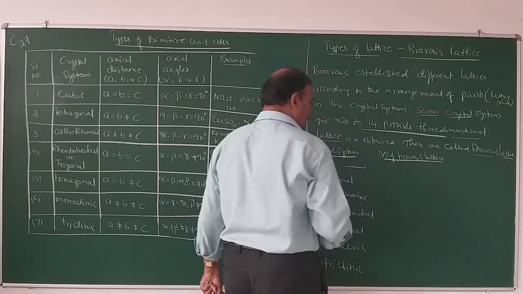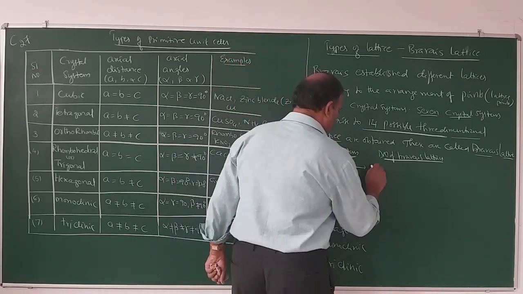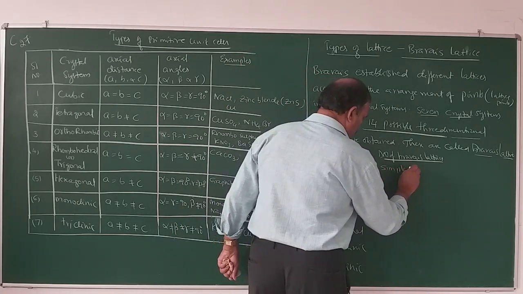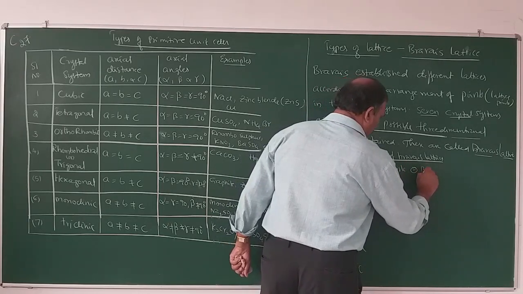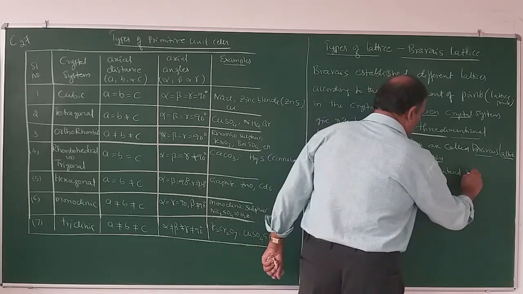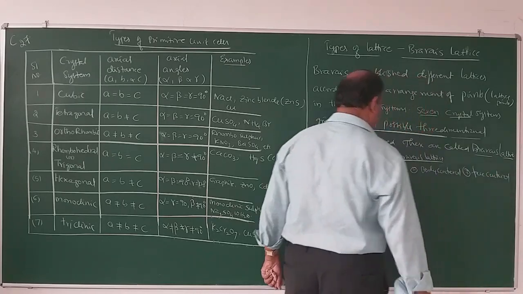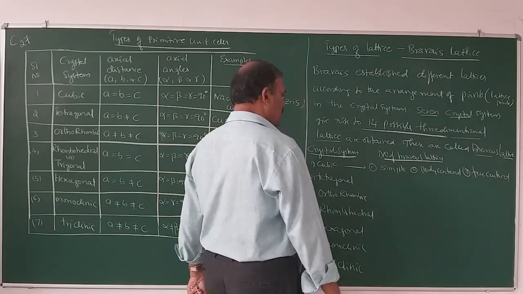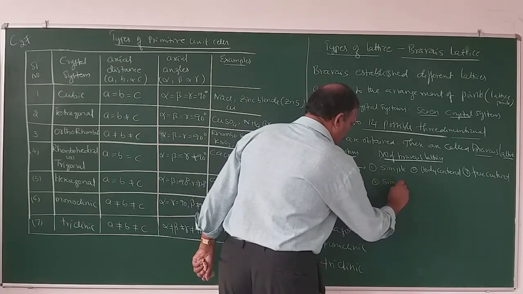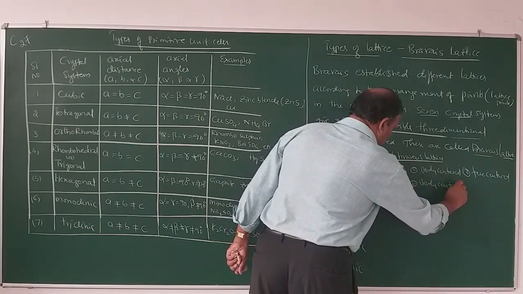In cubic system, there are 3 Bravais lattices possible according to Bravais. Number 1 simple, number 2 body centered, number 3 face centered. Simple, body centered and face centered. In tetragonal there are two. Number one, simple, and number two, body centered.